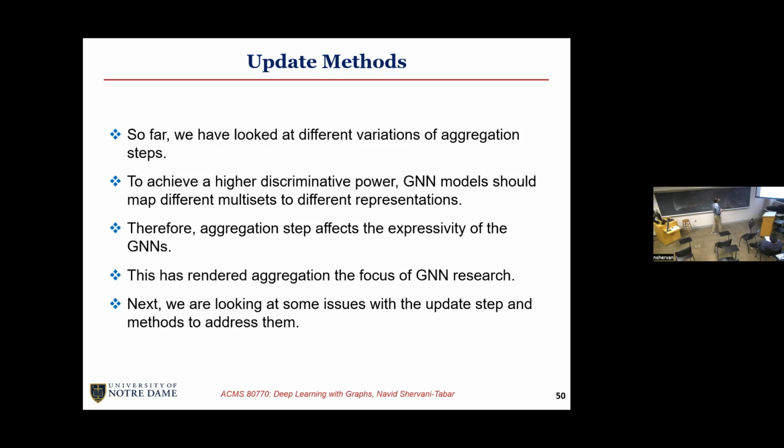Sometimes they generate the same embedding, but that's the idea. We want to improve upon our aggregation step in order to have a graph neural network that, to our knowledge so far, is maximally discriminative. And we call that the expressive power of our graph neural network.